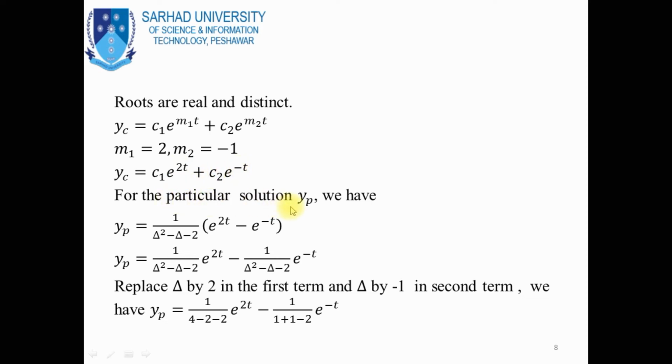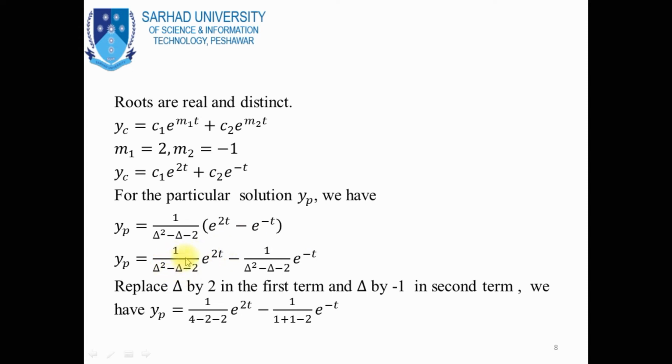Now to find the particular solution. For the particular solution, we write yp is equal to inverse operator into the right hand side function e power 2t plus e power minus t. So inverse operator upon e power 2t, and inverse operator upon e power minus t.